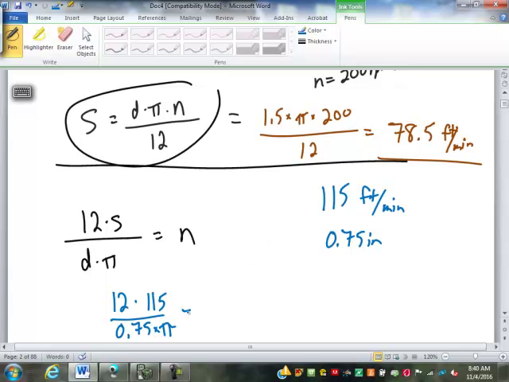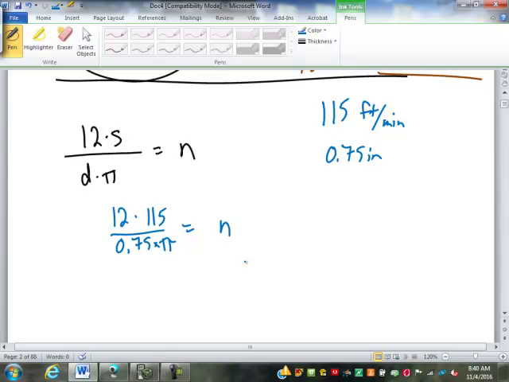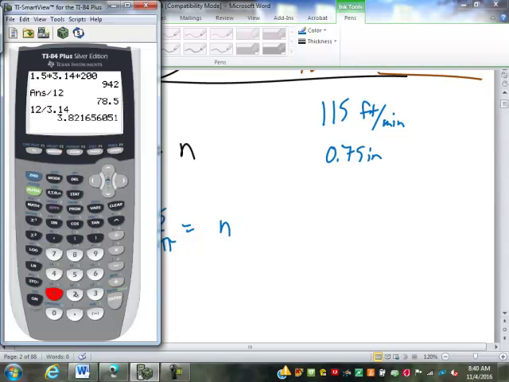Now this one's going to be a little more difficult to enter into the calculator. I'm going to have to use parentheses on this. So I've got the 12 times 115 on top, divided by, but when I'm dividing by two things on bottom, I have to make sure those things get multiplied before I divide by them. So on bottom, I'm going to do the 0.75 times 3.14, put in parentheses. Now it would give you that you can go up to 586 RPMs, it looks like.